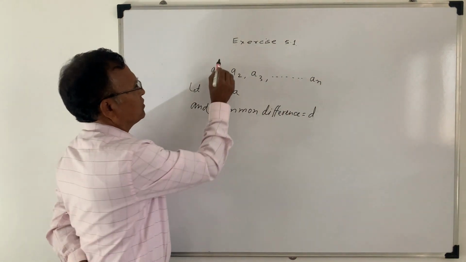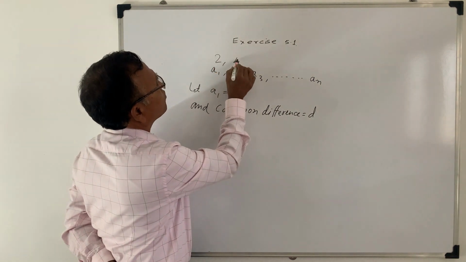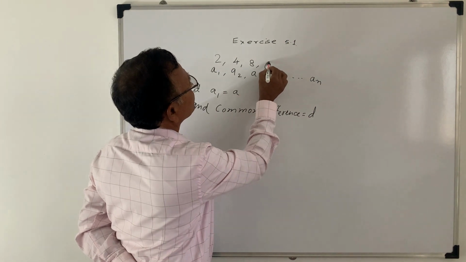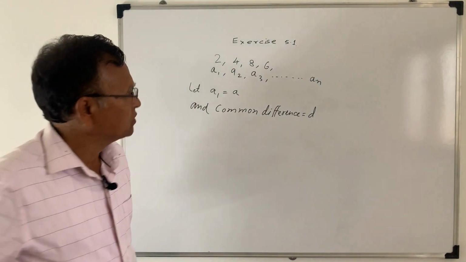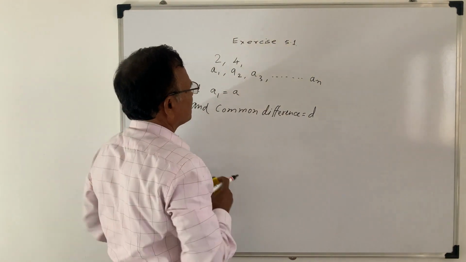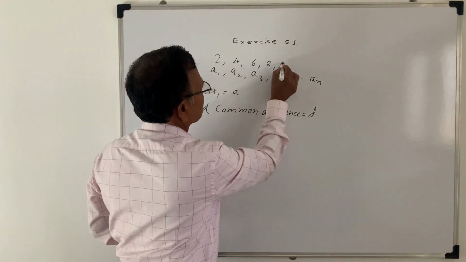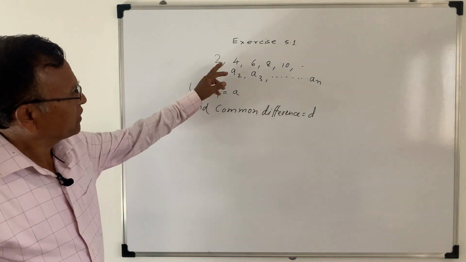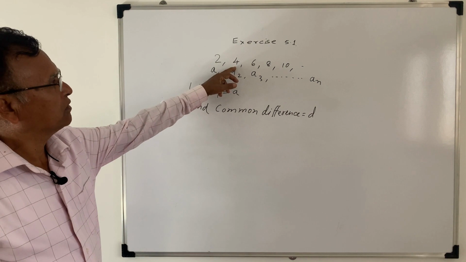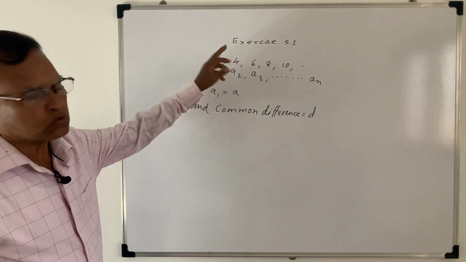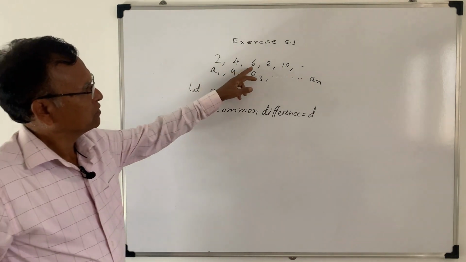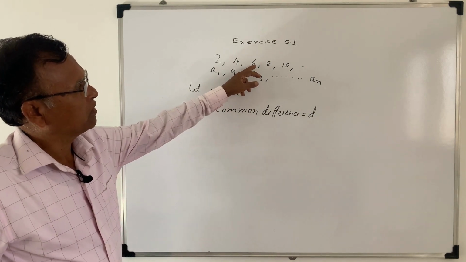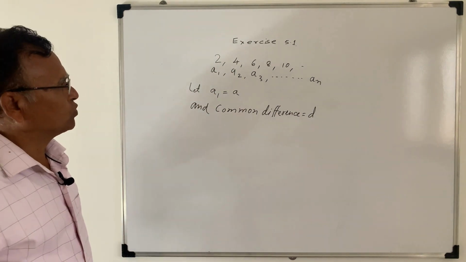So as I told you before, 2, 4, 6, 8, 10, etcetera. So in this you will see 4 can be written 2 plus 2. This can be written, 6 is 4 plus 2.